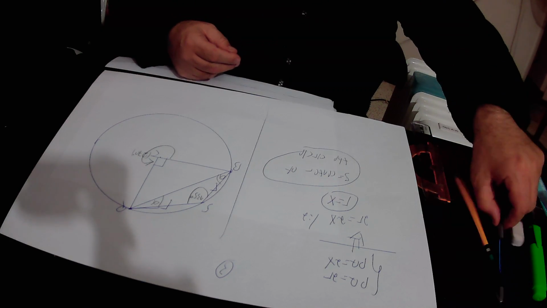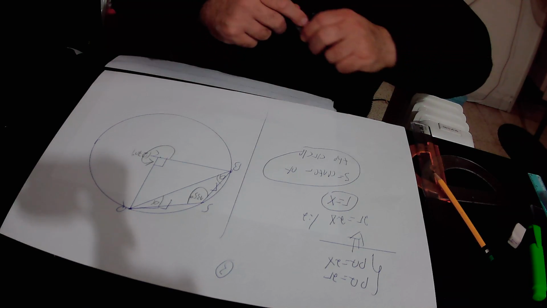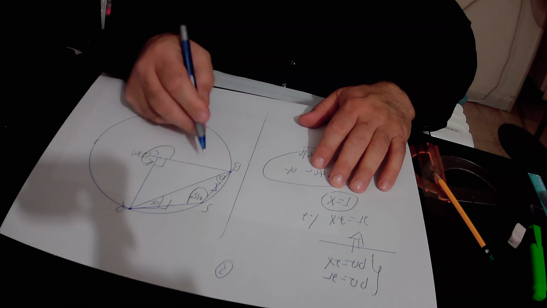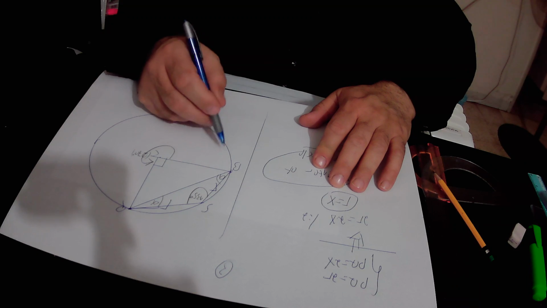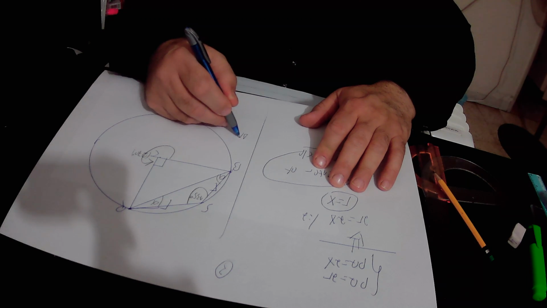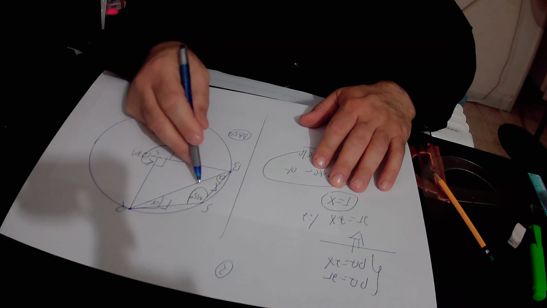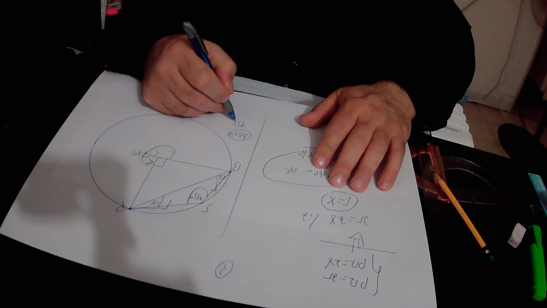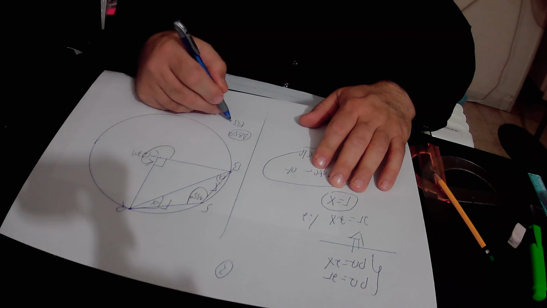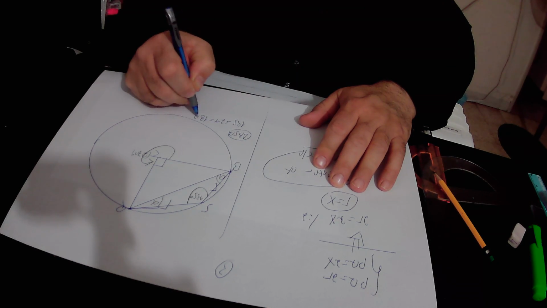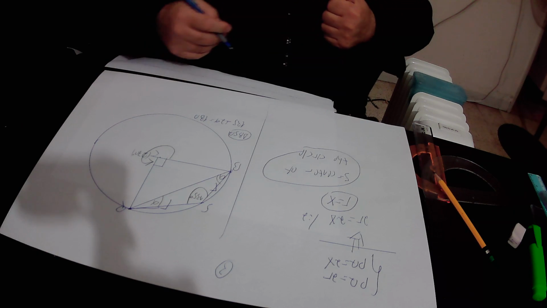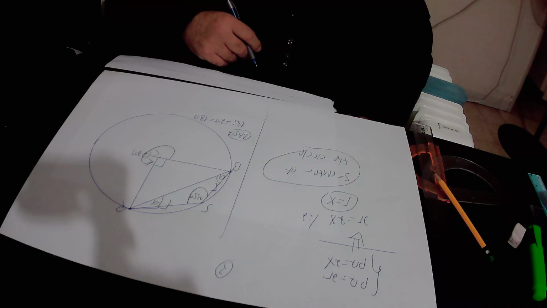So which angles do we have inside the triangle SPQ? We have 135 degrees plus alpha plus alpha, that is plus 2 alpha. In total, they must be equal to 180 degrees according to the rule that the sum of the angles in any triangle is equal to 180 degrees.